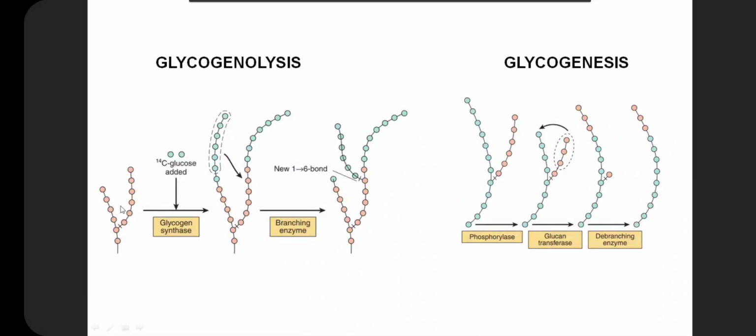Glycogen is synthesized from glucose by glycogenesis, and there are 2 enzymes involved in this pathway: glycogen synthase and the branching enzyme. And it is broken down by a separate pathway we named glycogenolysis, and there are 3 enzymes involved in the breakdown pathway: the phosphorylase, glucan transferase, and the debranching enzyme. These 2 enzymes, glycogen synthase and phosphorylase, are the key enzymes involved in glycogen metabolism.